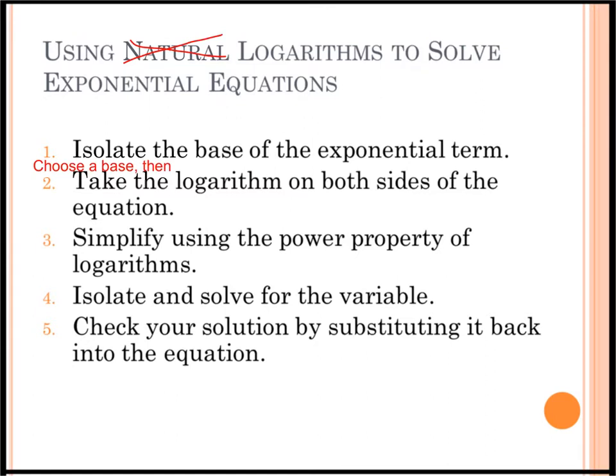That happens for a couple reasons. For one, you're only allowed to take the log of a number that's greater than 0, so we shouldn't get any solutions that would make that not happen. So we do want to substitute and check our answer.